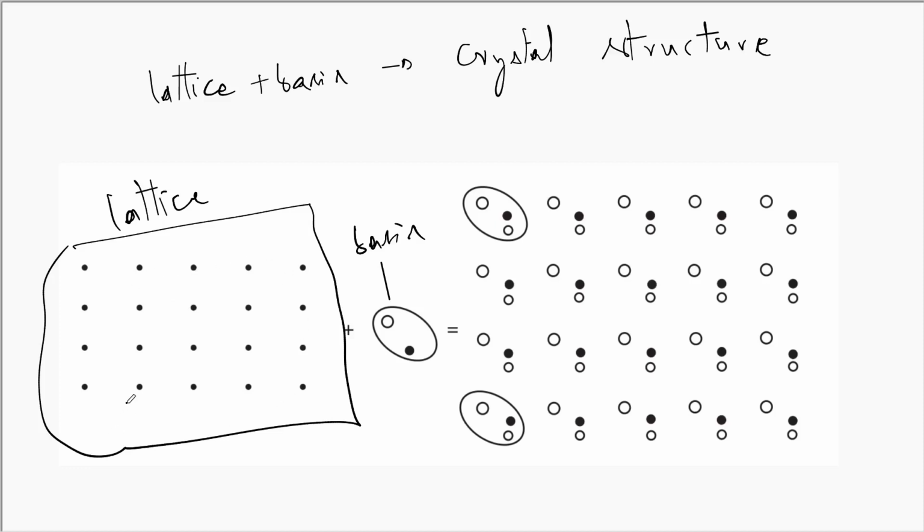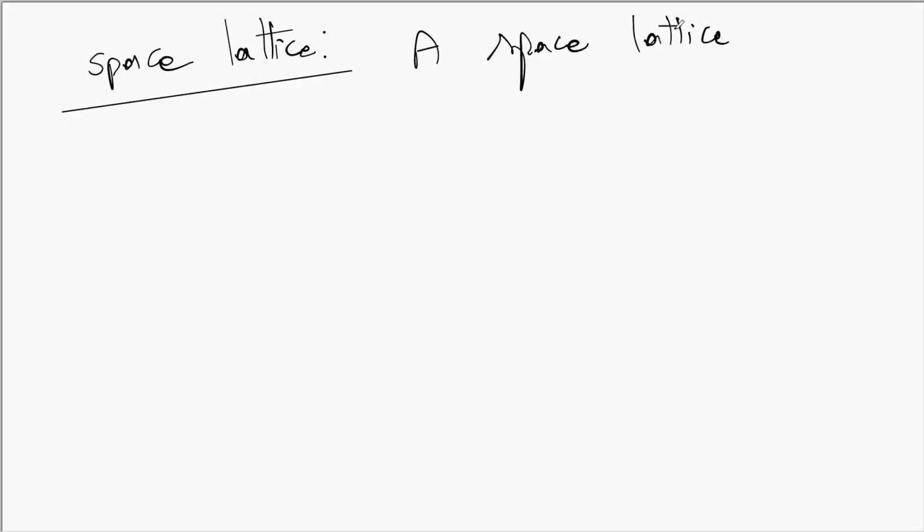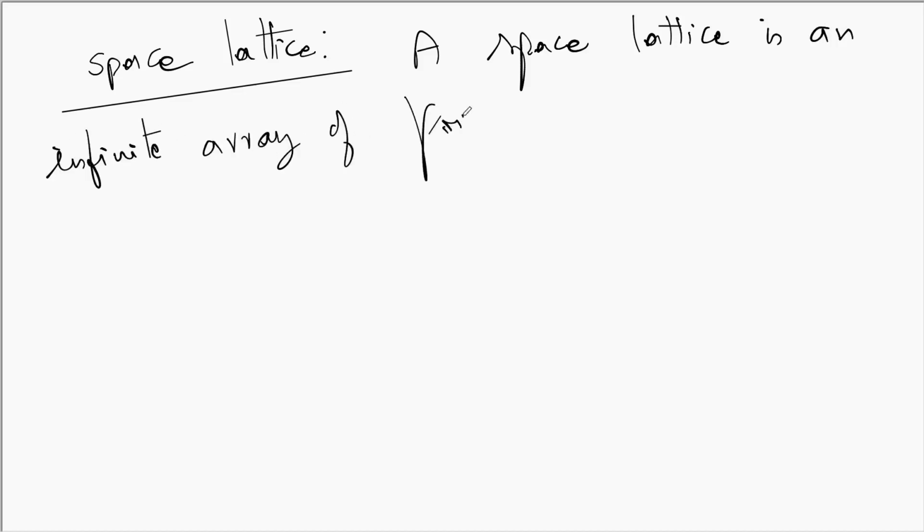A space lattice is an infinite array of points in space in which each point is identically located with respect to the other. Space lattice, or for short known as lattice, is defined as an infinite array of points in space.